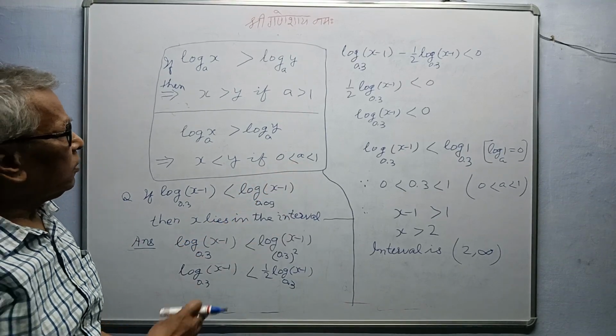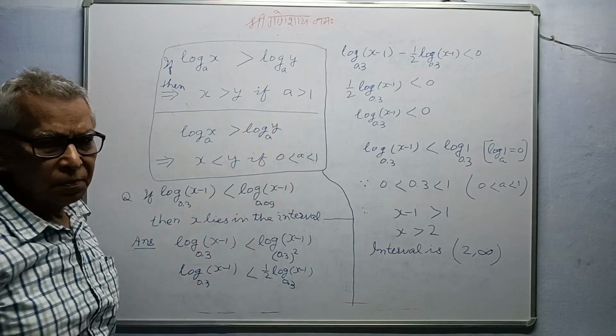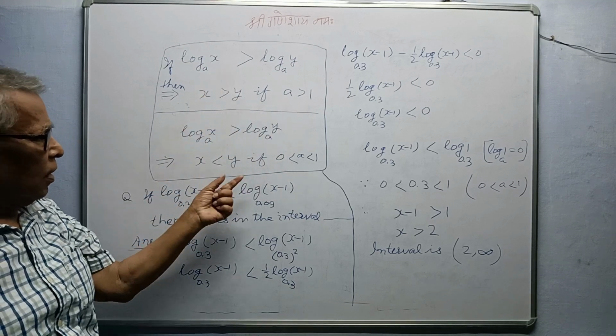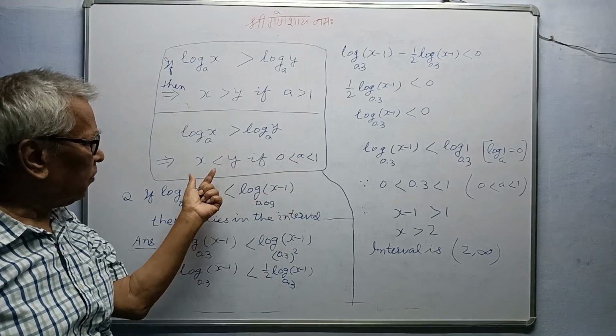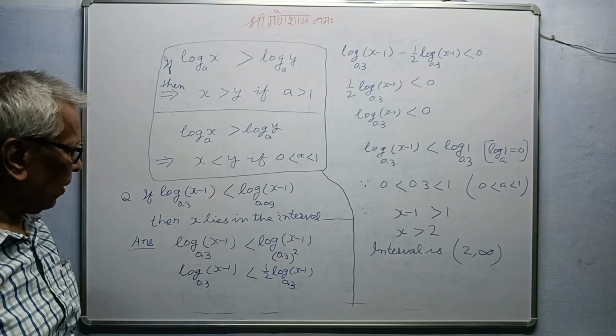We know that the base a lies between 0 and 1 or is greater than 1. If greater than 1, then the inequality will remain the same. If it lies between 0 and 1, then the inequality will reverse. Greater than changes into less than.